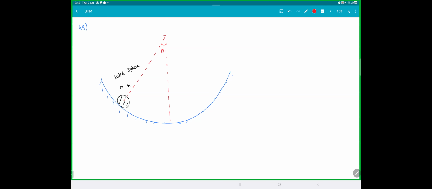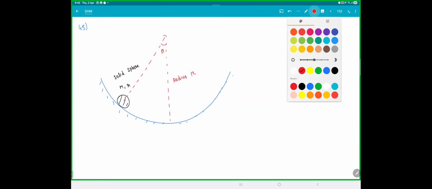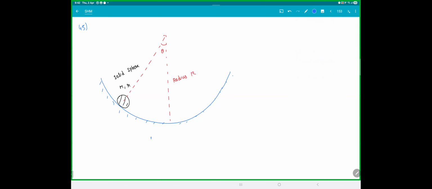You displace it by angle theta, and the radius of this whole bowl is R. Theta is small, and this sphere is not slipping. So the sphere is rolling in a circular arc. Find the time period for small theta.